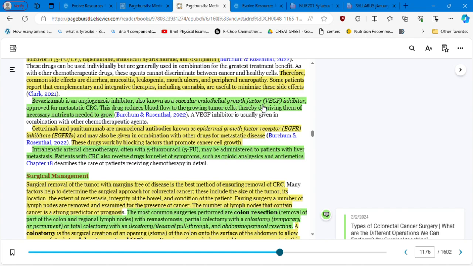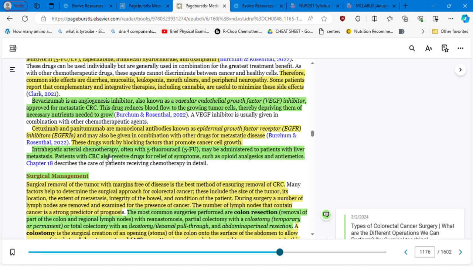They are going to be the ones that stop the creation of vascularity. And you have the epidermal growth factor receptors, where they are going to block factors that promote cancer cell growth. It's two different approaches, okay? One is vascularity, the other one is working in the multiplication of these cancer cells.